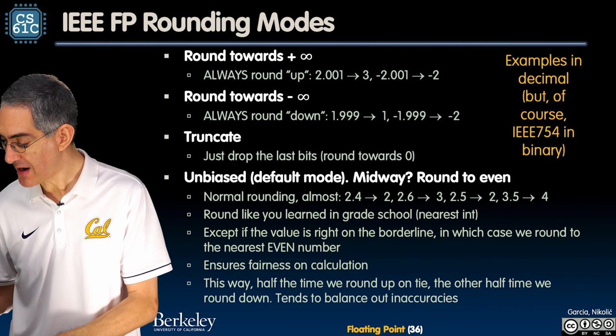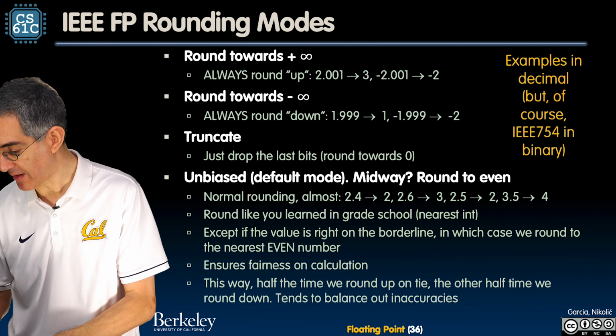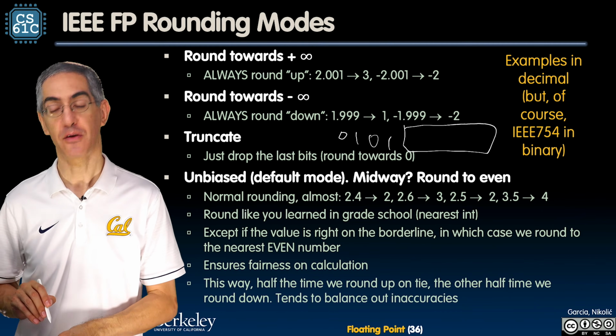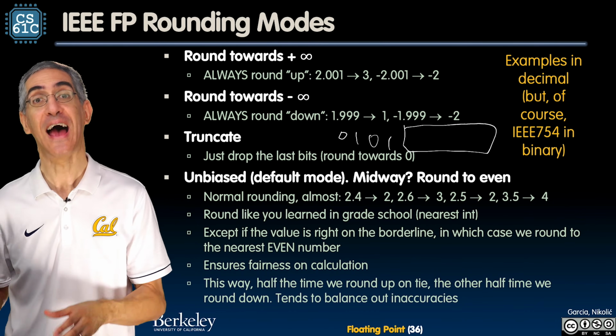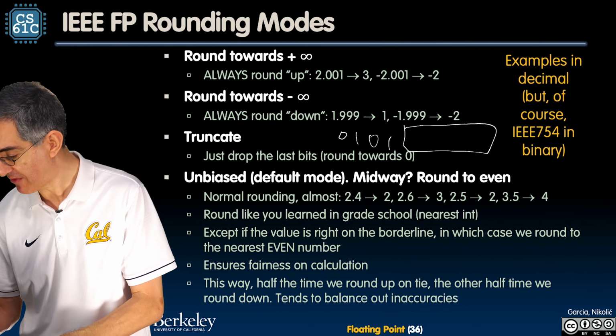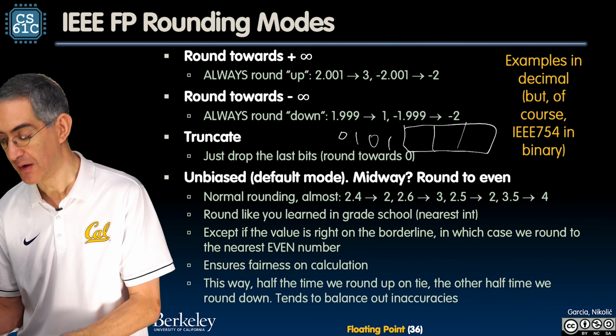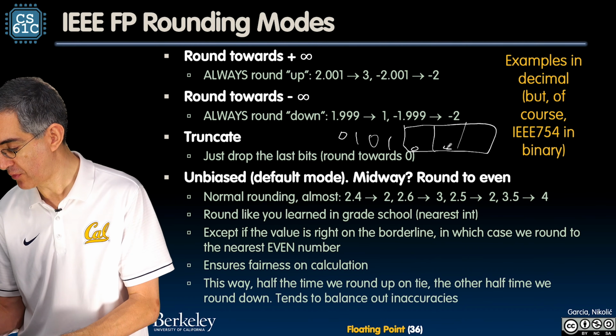I've got some binary equivalent of this, but this is now in binary. So I've got some binary numbers here, okay? 0, 1, 0, 1. Here are the rounding areas, okay? So now, what's halfway between this? By the way, if I have many bits here, let's say I have 3 bits, those bits would be from 0, 0, 0 to 1, 1, 1.